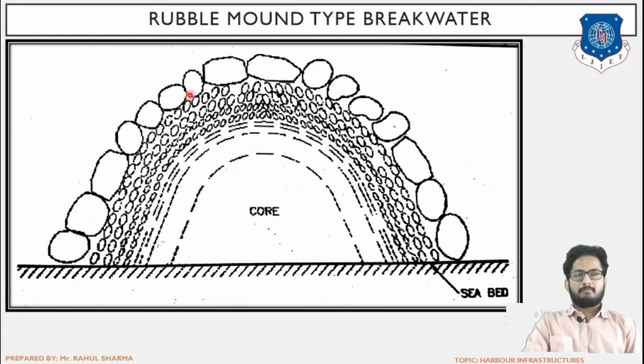So this is the main difference regarding the functioning of these two breakwaters. I hope this point is clear. And another point is that in the topmost layer, even sometimes heavy blocks can be placed as well.